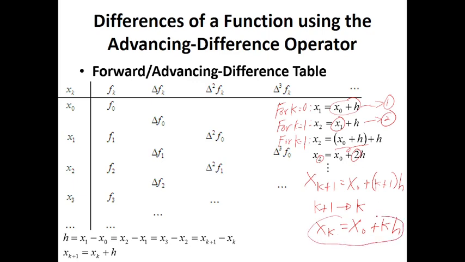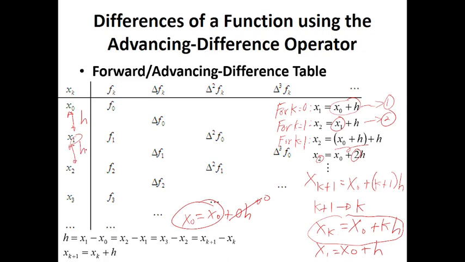So x sub k equals x sub 0 plus kh. If k is 0, we have x sub 0 equals x sub 0 plus 0h, that is cancelled, so x sub 0 equals x sub 0. If k is 1, x sub 1 equals x sub 0 plus 1h, or simply h. The interval is h, so x0 plus h is x sub 1.